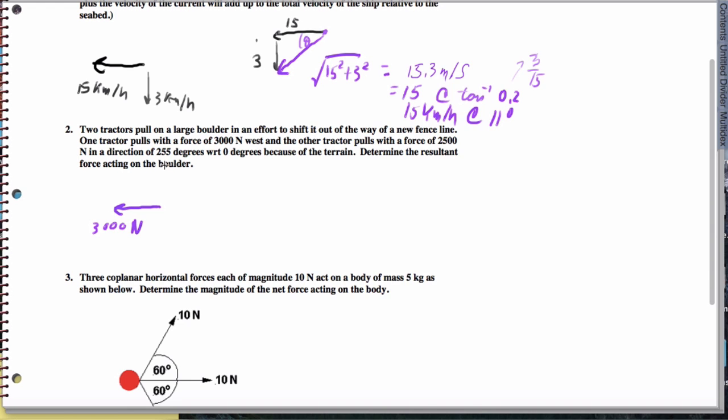To be clear, let me just draw this a little bit differently. Here's what I want to say. I've got one force, 2,000 newtons, going this way. And then with respect to 0 degrees, I've got at 255 degrees a 2,500 newton force.